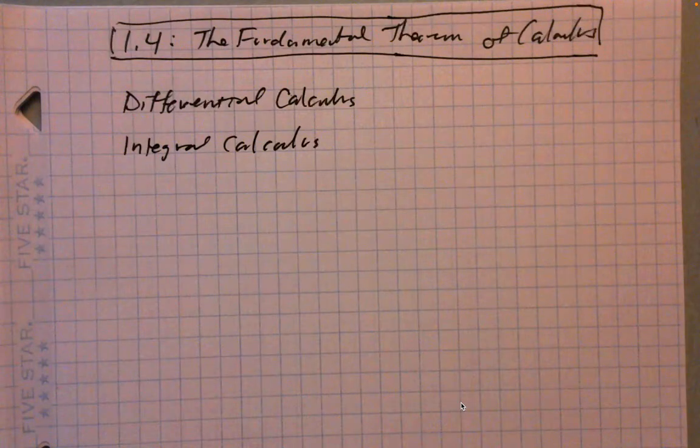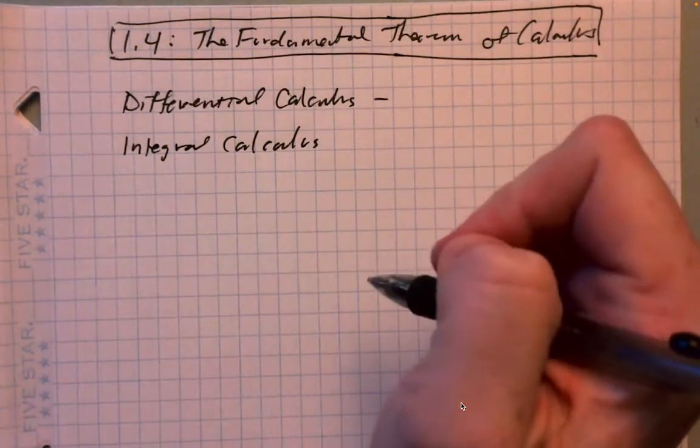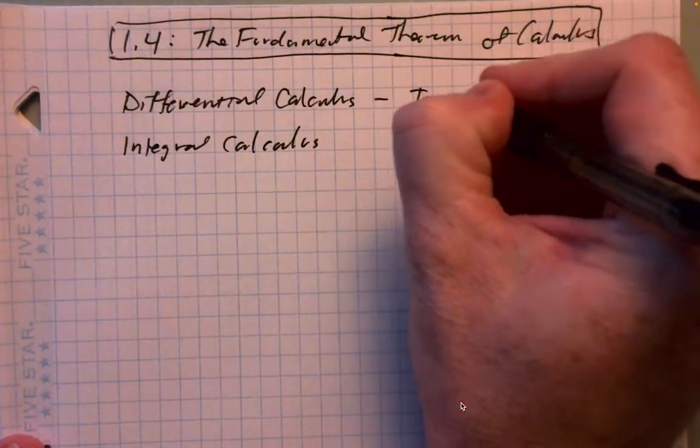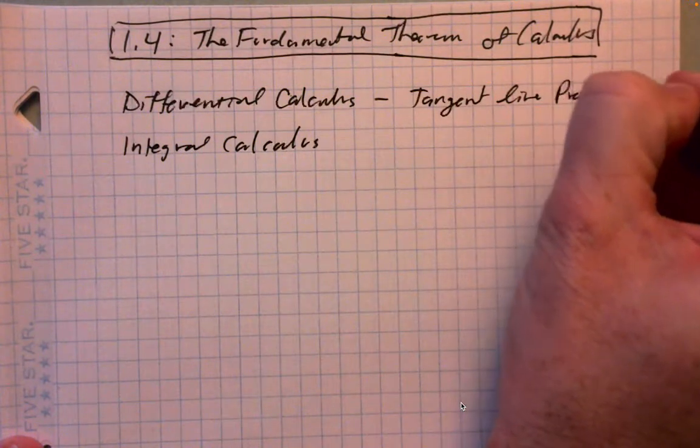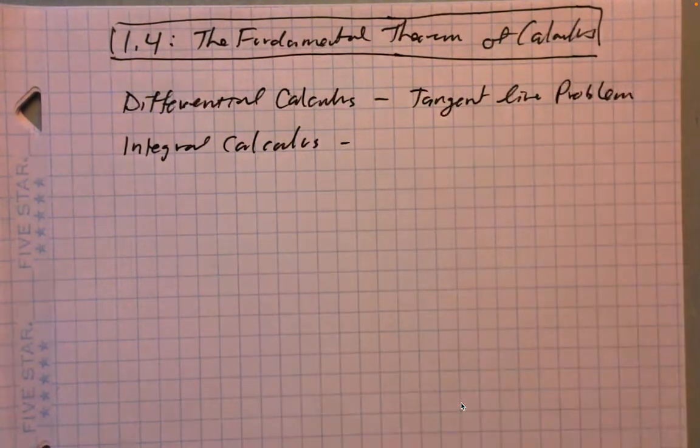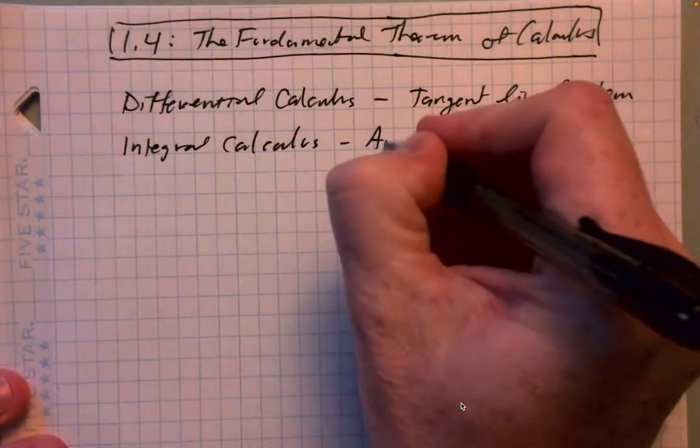So these are the two major branches of calculus, and you can think of them each as having their own fundamental problems, right? So in the differential calculus, the fundamental problem is the tangent line problem. There's other things too, but that's one of the main motivators there. And then in the integral calculus, the fundamental problem you might say is the area problem.